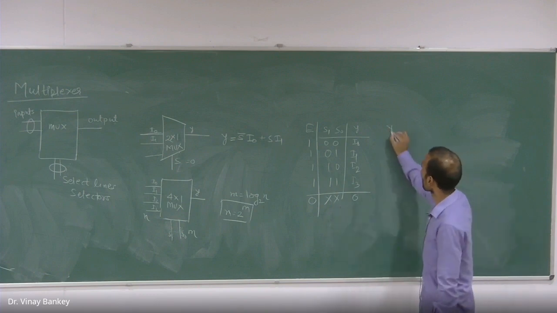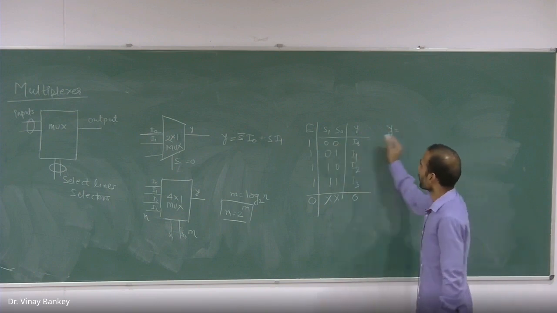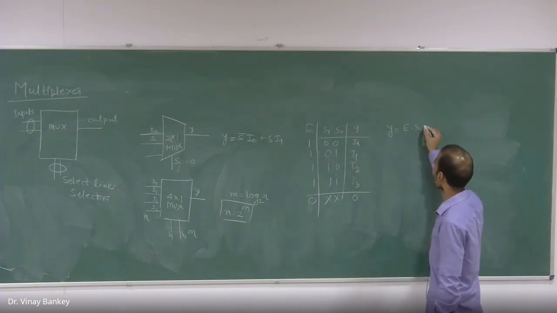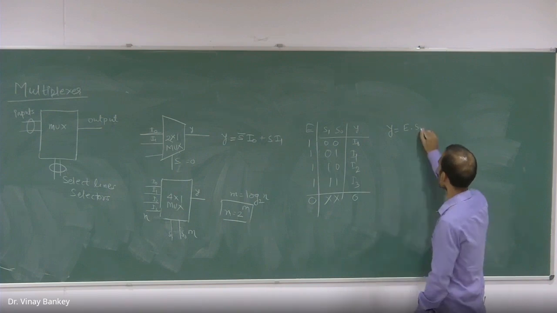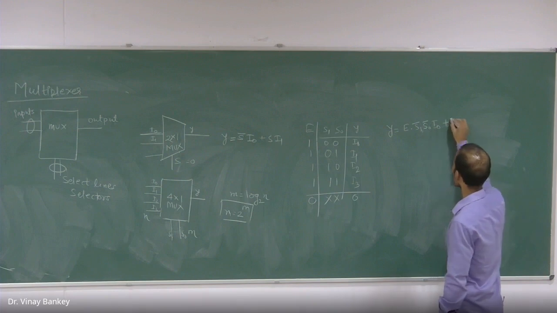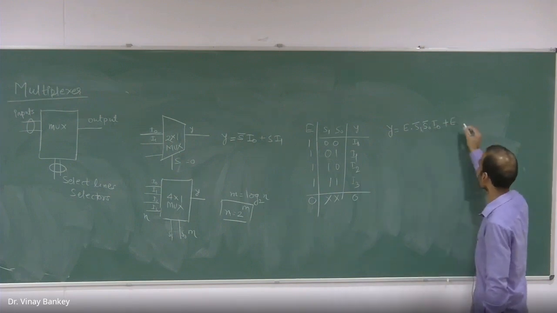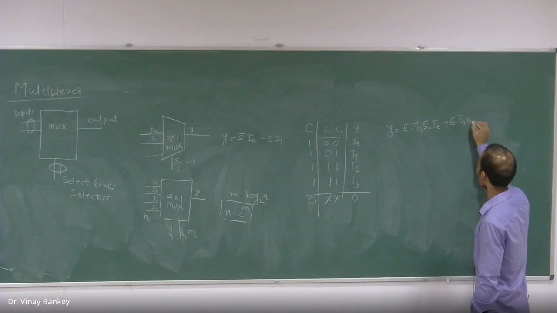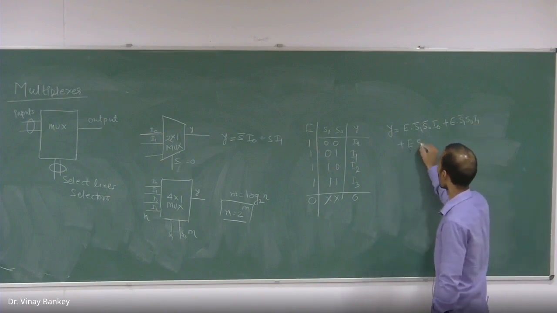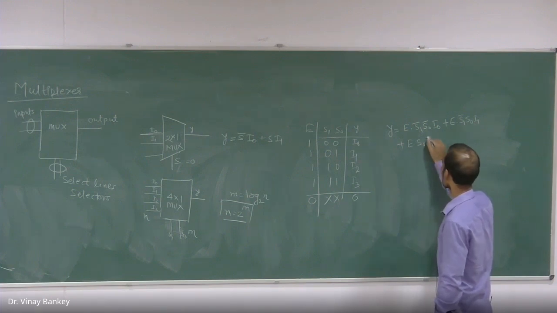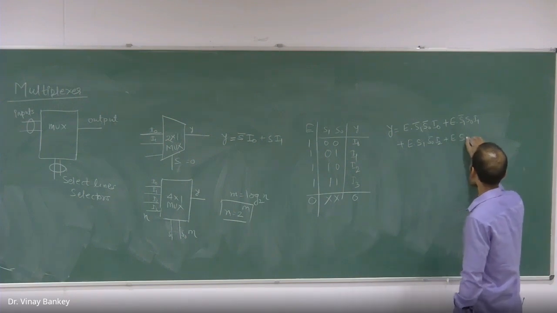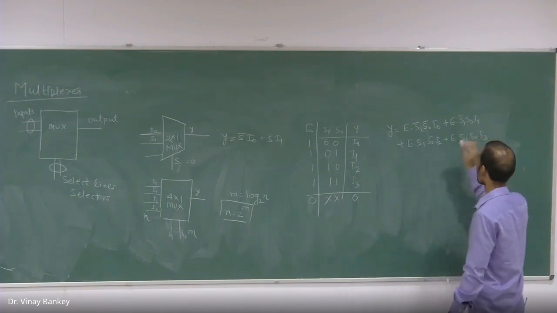In this way, you can write Y as E into S1 bar S0 bar I0, plus E into S1 bar S0 into I1, plus E into S1 S0 bar I2, plus E into S1 S0 I3.